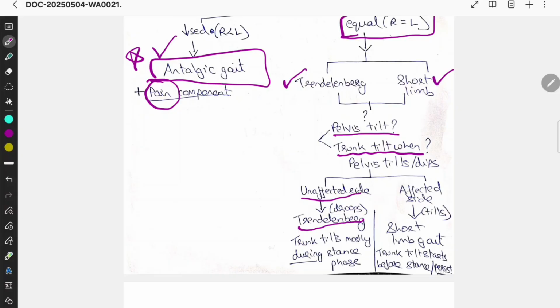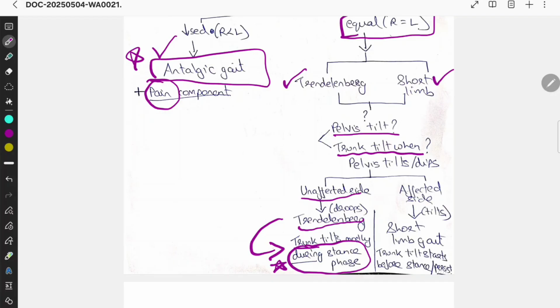When the patient weight bears. There is an ineffective abductor mechanism on the affected side, causing drooping on the opposite side, and as a compensatory mechanism for the weak hip abductors, the trunk tilts towards the same side. So the trunk tilts mostly during the stance phase.